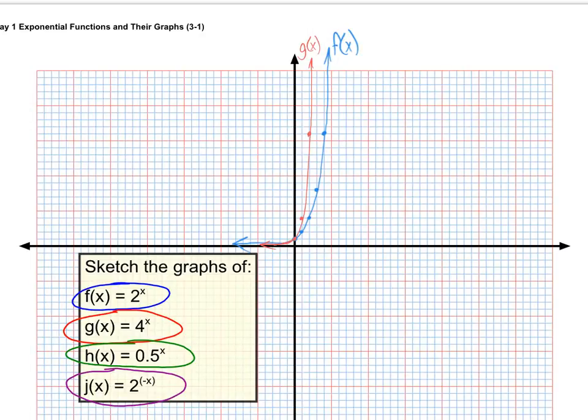So now we have h of x. We have 0.5 to the x. All right, what's this going to look like? It'll still have the same y-intercept, and then it'll decrease on the right side of the graph.